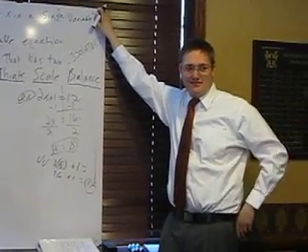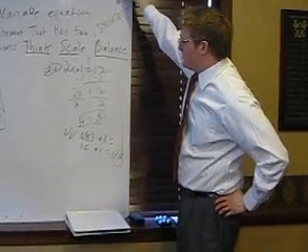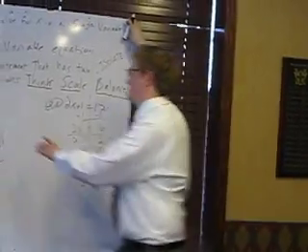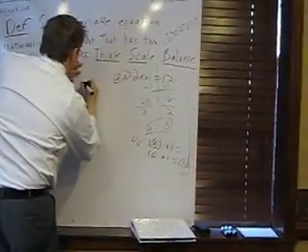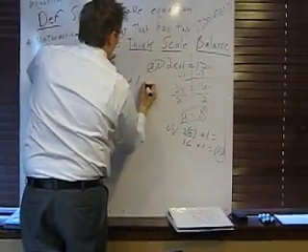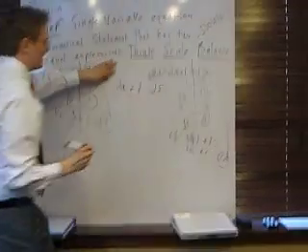Yes, Nina. Can there be more than two steps? Yes, there can be more than two steps. I'm not going to make one up. Well, actually, I will. You could do 2x plus 1 equals, I don't know, 25. That's still two-step.